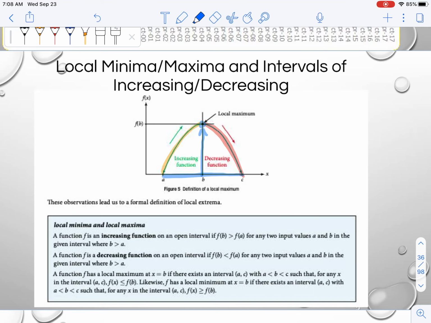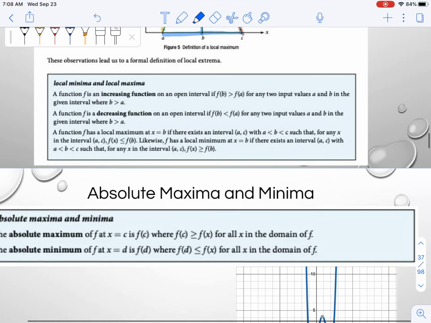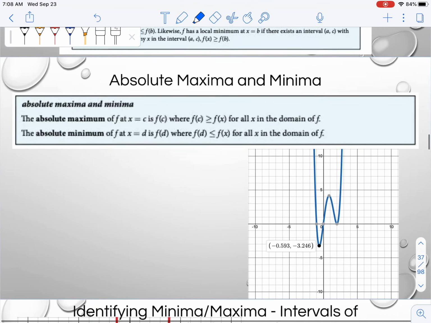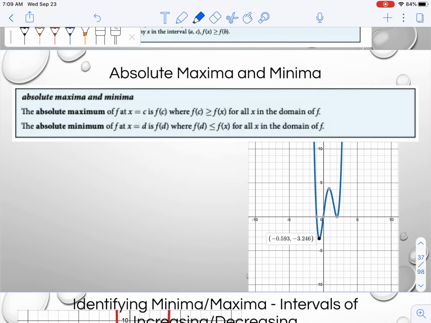Likewise, we would have a minimum if f of b were the lowest value on that interval from a to c, so less than all f of x in the interval. So absolute max and absolute min really are kind of the same definition, but instead of saying a specific interval from some point a to some point c, now we're saying for the entire domain of the function.